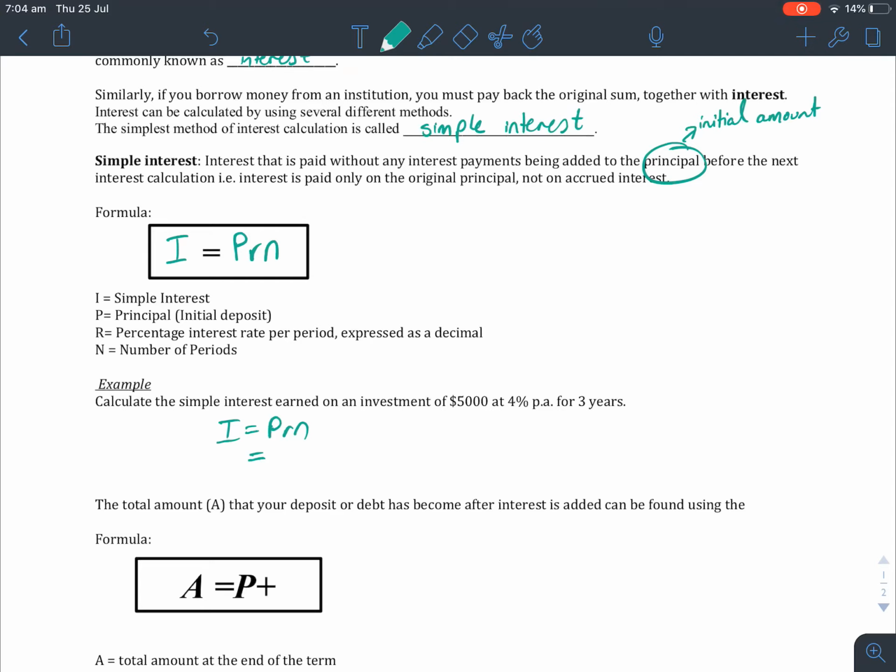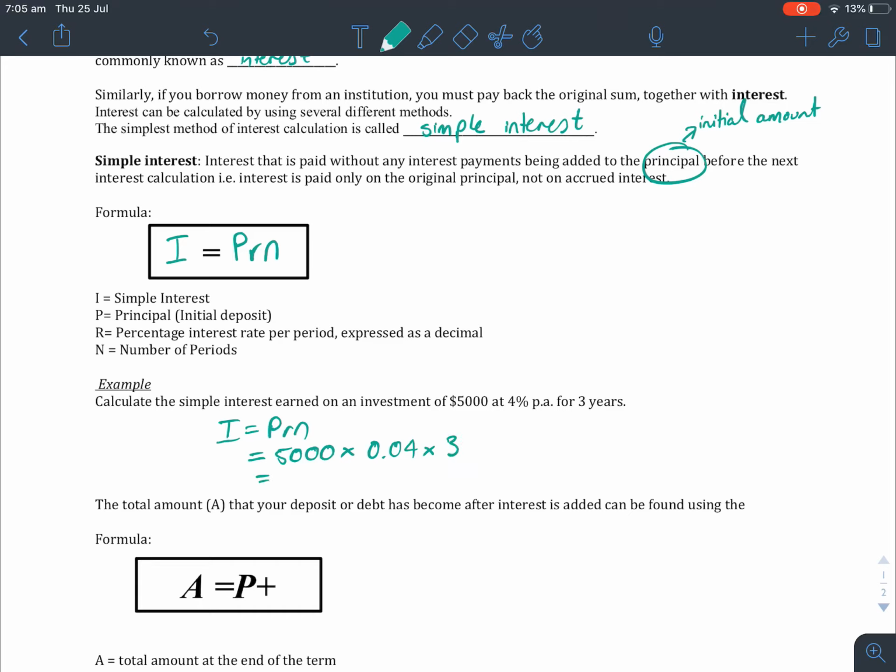Do we know what our initial amount is, our principal? Yes, we do. It's 5,000. Do we know what our rate is? Yes, it's 4% per annum, and we express that as a decimal. So that would be 0.04. And our time periods, it's 3 years.